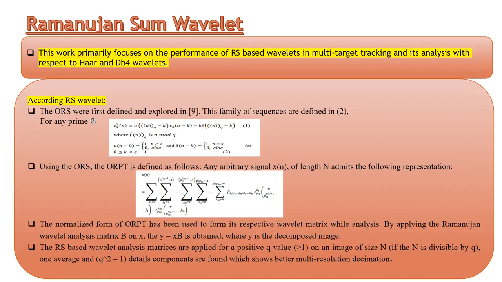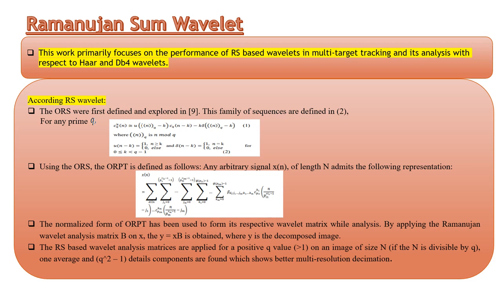This slide represents the theory behind the RS-based wavelet. First, ORS, orthogonal Ramanujan sum, is defined as follows in first and second equation. Then using ORS, ORPT, that is orthogonal Ramanujan periodic transform, is developed. The normalized form of ORPT has been used to form its respective wavelet matrix while analysis.